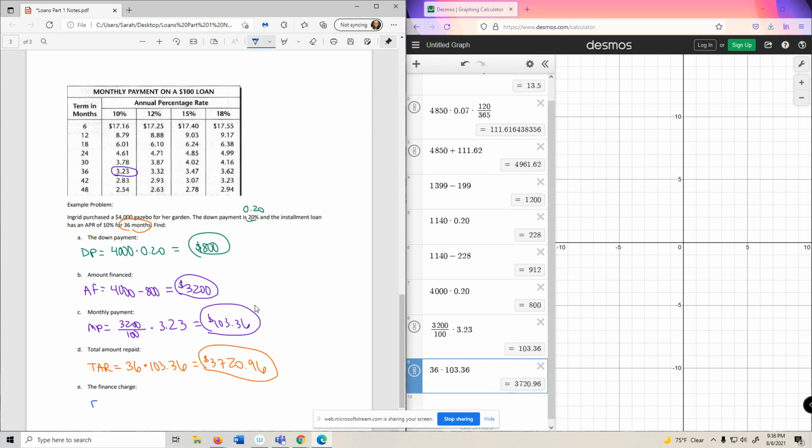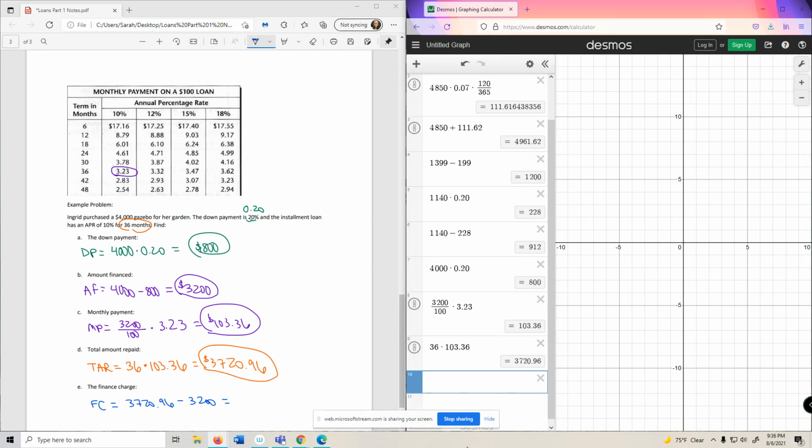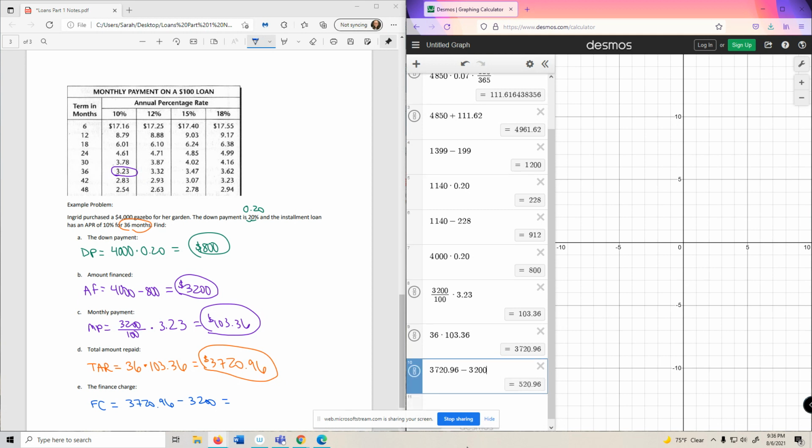Then the finance charge is her total amount repaid, $3,720.96, minus the amount financed. Basically, this amount is the interest you pay because you are extending how long you are paying for this item. To do that, we just subtract: $3,720.96 minus $3,200, and we get $520.96.